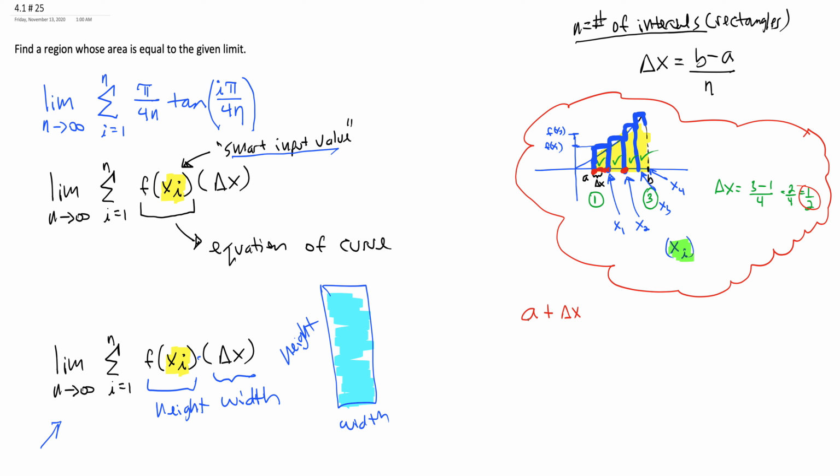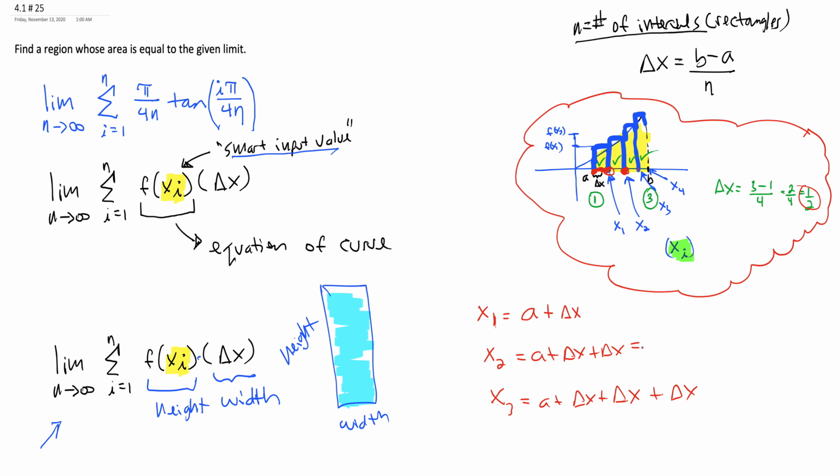So x1 would be a plus delta x, and then x2 would be a plus delta x plus another delta x to scoot over to this location. X sub 3 would be a plus delta x plus delta x plus delta x. So a plus delta x gets you there, add another delta x gets you there, add another delta x gets you there.